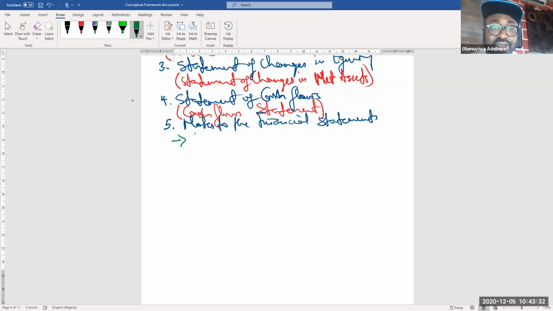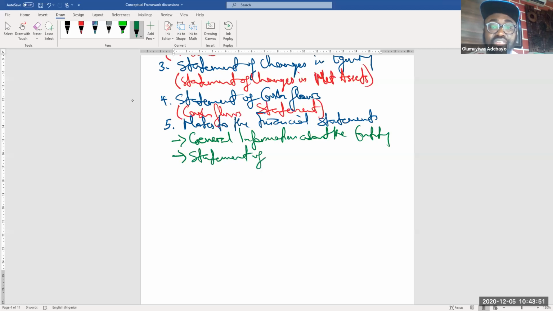The first thing you need is the general information about the entity. The second thing you need is to have a statement of compliance with IFRS. Is a given.